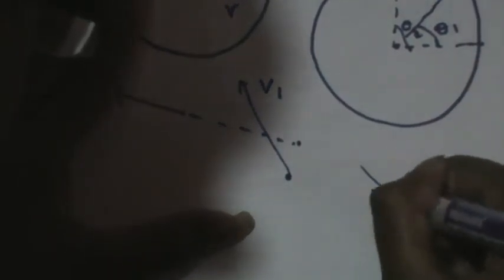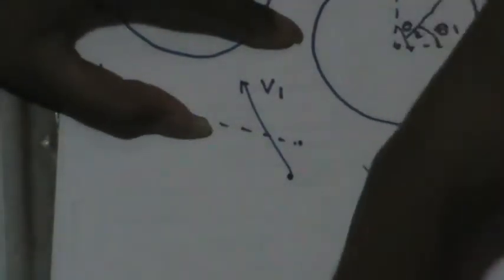The sum is given by, if you study geometry, you know the concepts. This is V2, this is V1, and this is delta V. The object is in this.